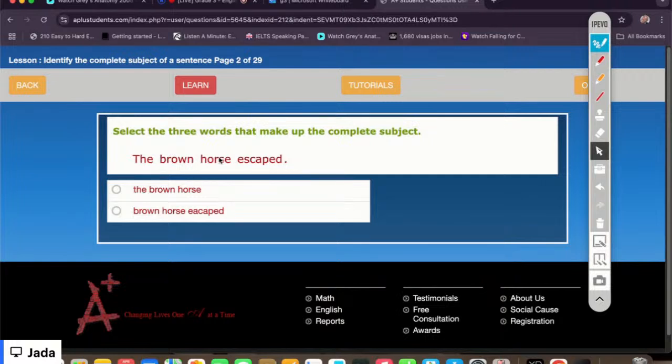There must always be a person in the sentence. It could be a pronoun or noun, but there's just going to be something that helps you know this is the subject of the sentence. Just like you saying, I did not like. I is referring to you and it's the subject. So this one is the brown horse.